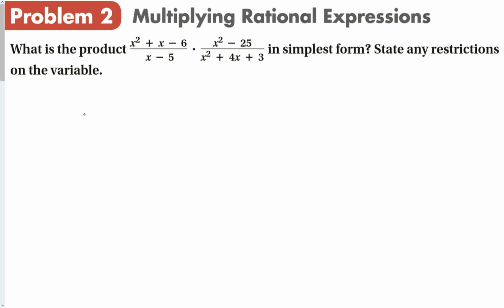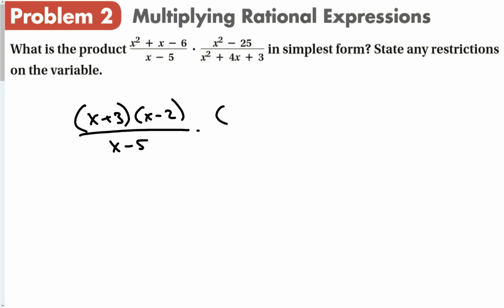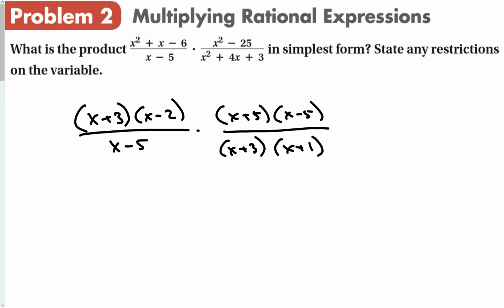Factors of 6 that subtract to 1, that's x plus 3, x minus 2, over x minus 5, times difference of two perfect squares, x plus 5, x minus 5, over factors of 3 that add to 4, x plus 3, x plus 1.